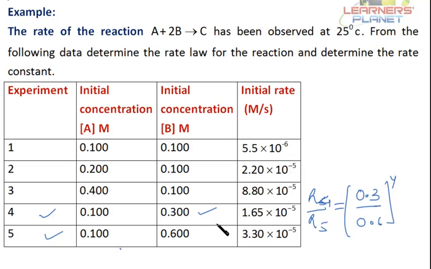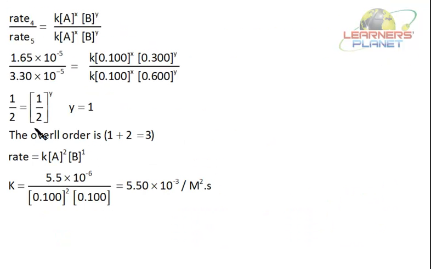So just calculate this, you'll get the order with respect to B. See, rate 4 is the rate when the concentration of B is 0.3 molar, 1.65 into 10 to the power minus 5, whereas when the concentration of B is 0.6, the rate is 3.30 into 10 to the power minus 5. So this is 1 by 2 and this is also 1 by 2. So the order with respect to B is 1.